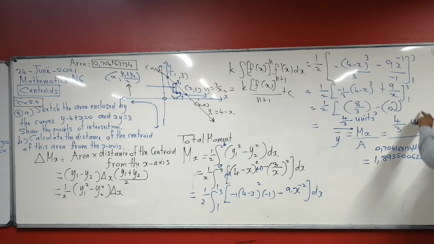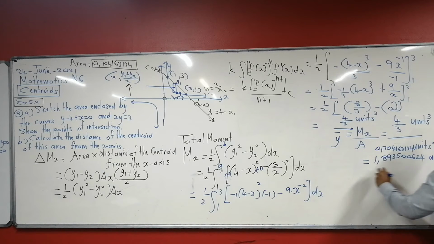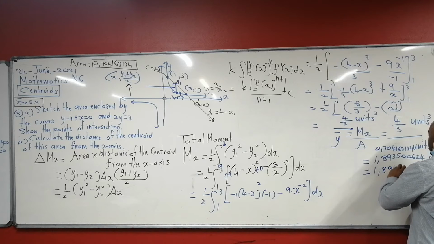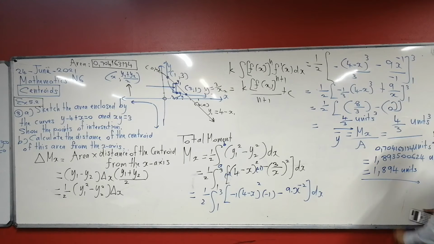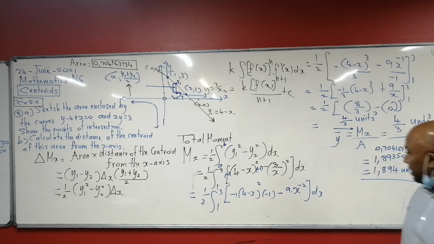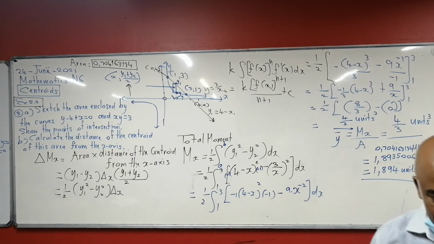Sorry, units to the power 3 divided by units squared is just units. So now, rounding off to 3 decimal places, I'm getting 1,894. Is that the correct answer? Alright, so that was working out the y value.